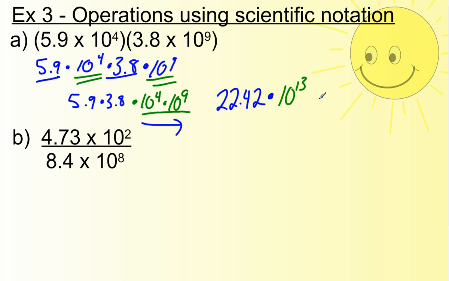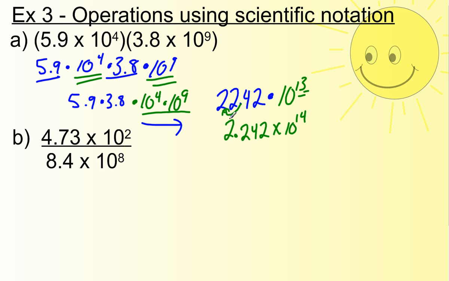The only thing that's missing here is this first number is too big. We can't have 22. So if I move my decimal one more place this way, 2.242 times 10, and now, since we made our number smaller, my exponent needs to go a little bit bigger.